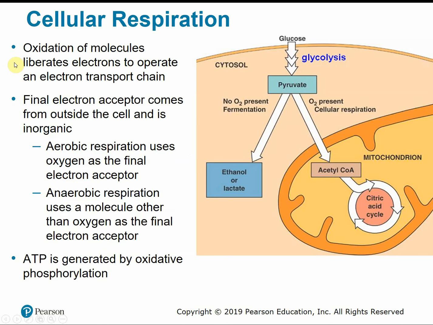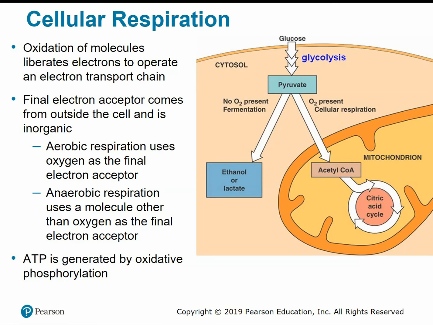In cellular respiration, the oxidation or removal of electrons from molecules is going to liberate or free up those electrons so they can later operate in that electron transport chain. The final electron acceptor to remove those energy-depleted electrons from the chain comes from outside the cell and is inorganic. In aerobic respiration, we said oxygen was the final electron acceptor.